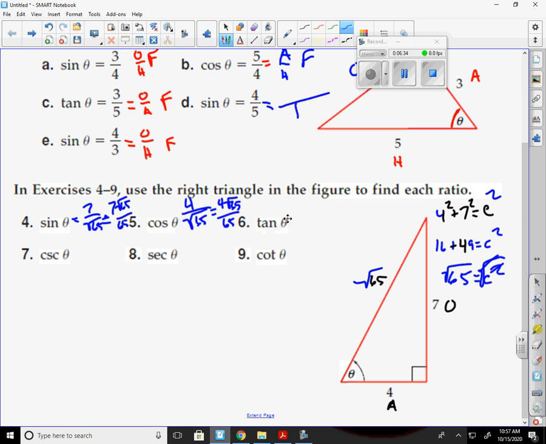Number 6, 10, that's opposite over adjacent, so 7 over 4. Now for these ones, remember cosecant is just the flip of the sine. So it would be root 65 over 7. Secant is the flip of the cosine, so root 65 over 4. And cotangent is the flip or reciprocal of the tangent. So that one turns into 4 over 7.